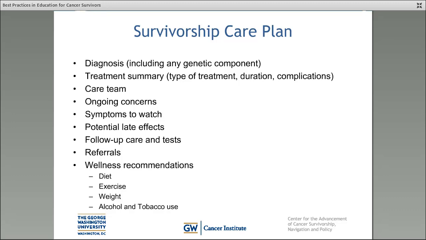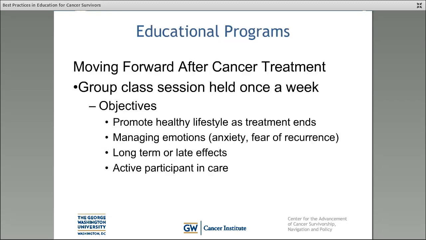Some of the wellness recommendations that are built into the care plan include diet, exercise, weight, and then alcohol and tobacco use. Some of those risk factors and modifiable behavioral lifestyle changes that we do know about.